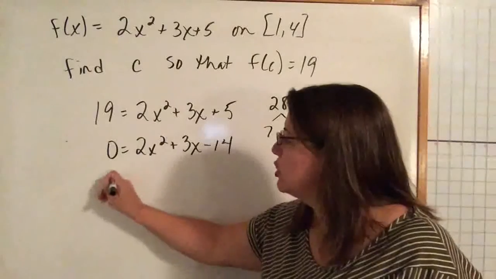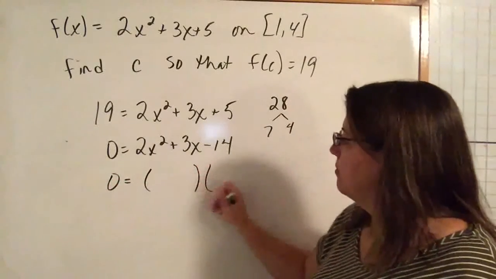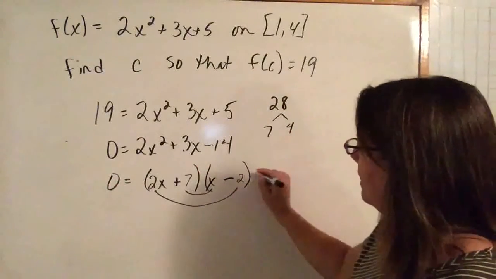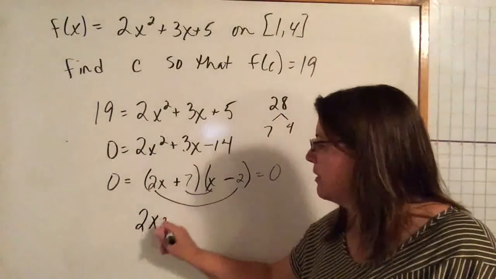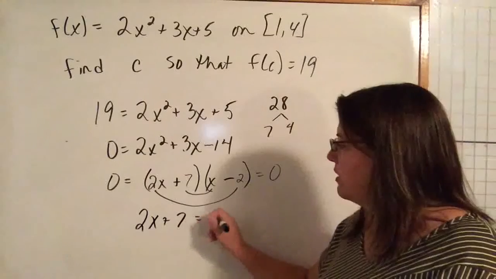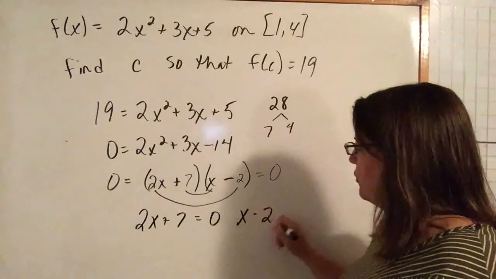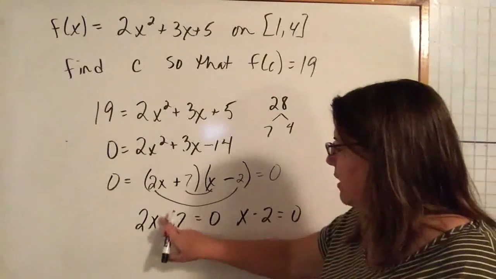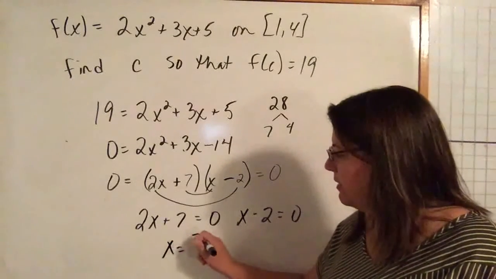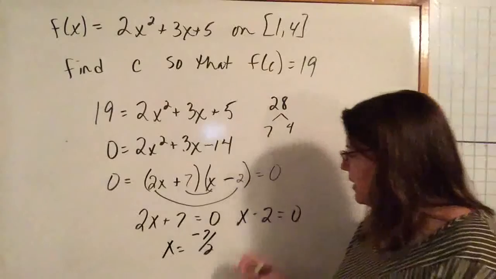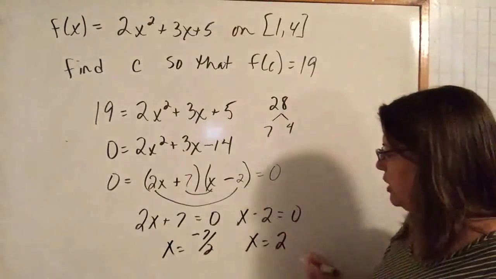So when I set up my two binomials, once we have that, we set that equal to 0. We set each factor equal to 0. So 2x plus 7 equals 0. And x minus 2 equals 0. And if I solve that, here I'll have negative 7 halves, and here I'll have 2.